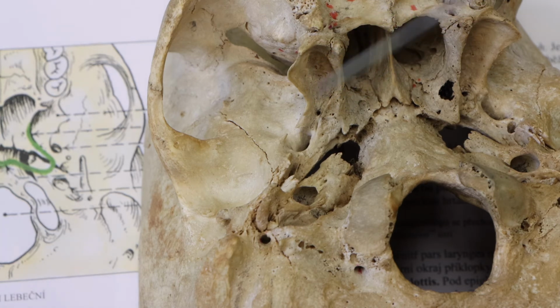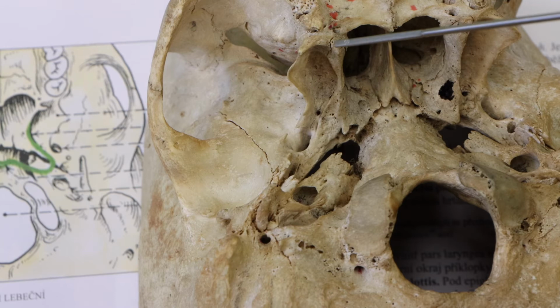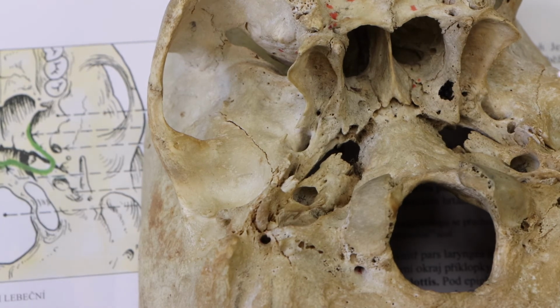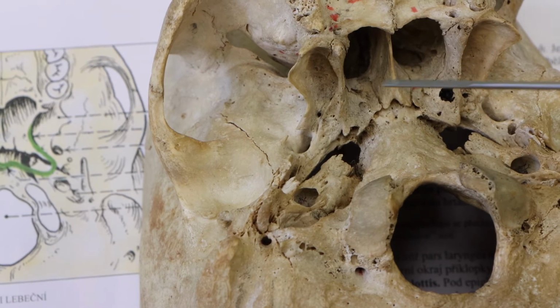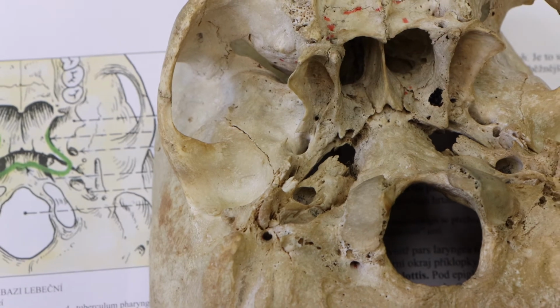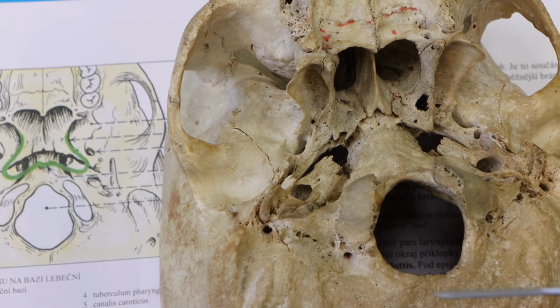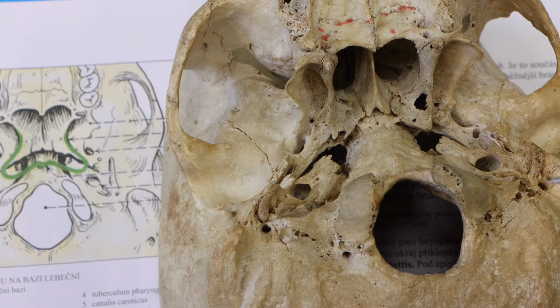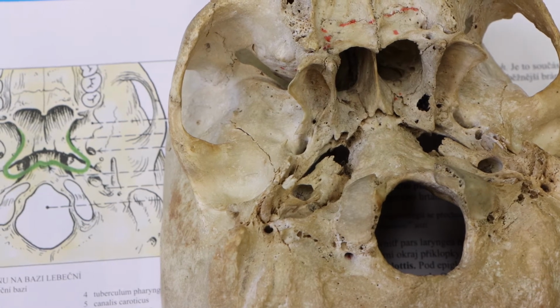Then this attachment continues to the buccopharyngeal raphe, which is the border between the buccal region and the pharyngeal region, and then it continues with the mylohyoid line, the place of attachment of the mandible.